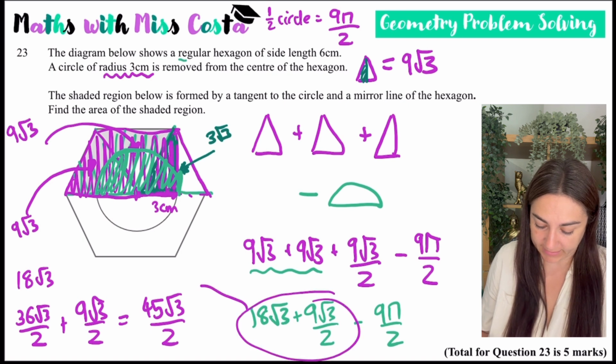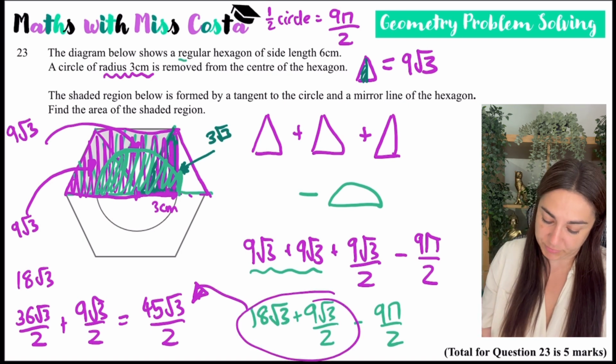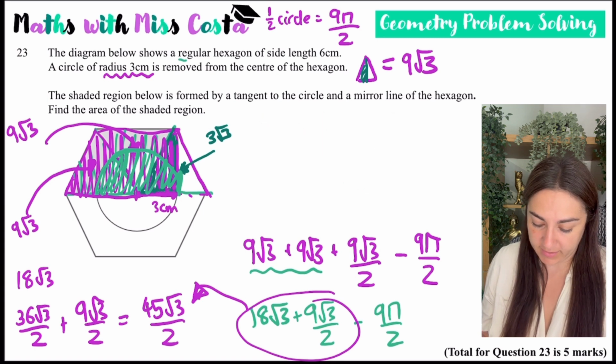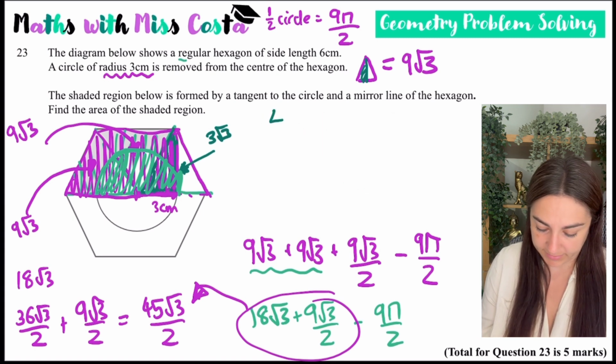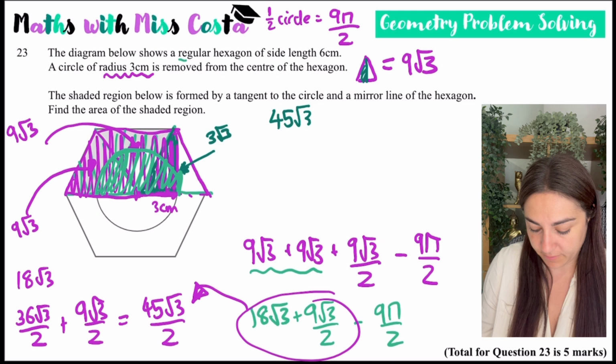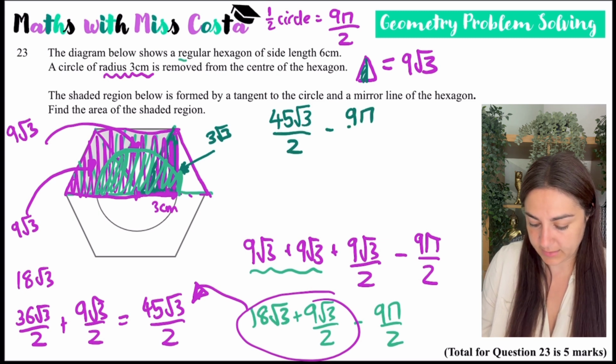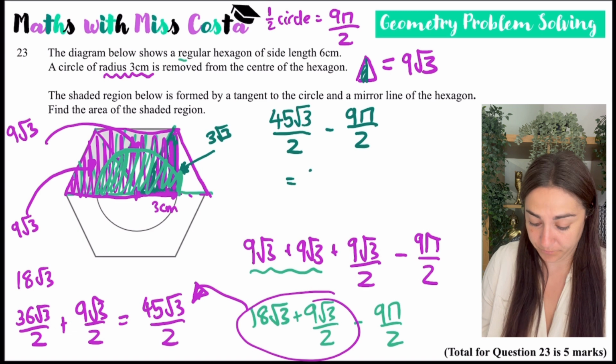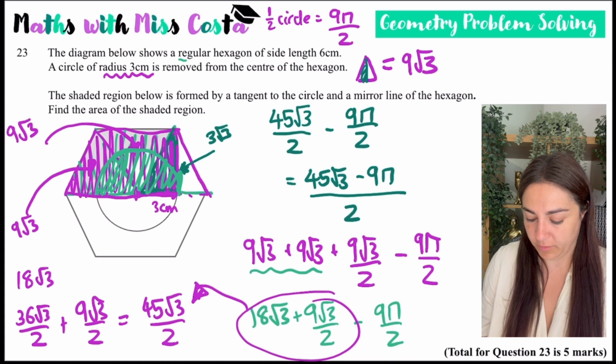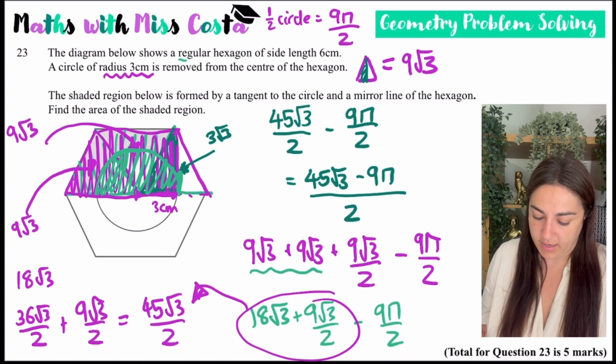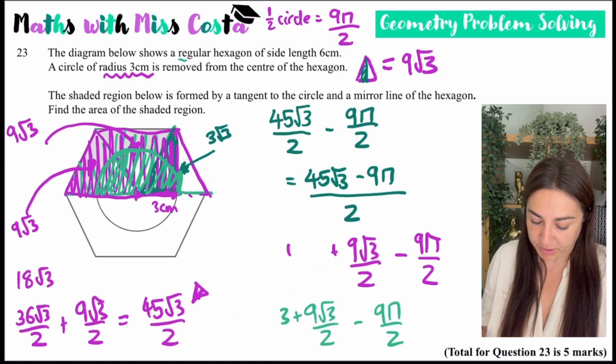So this bit has simplified to 45 root 3 over 2. And then I just need to subtract 9 pi over 2 from that. So my final answer would be 45 root 3 over 2 take 9 pi over 2, which you could bring together as 45 root 3 take away 9 pi over 2. And that's how you'd do that question.